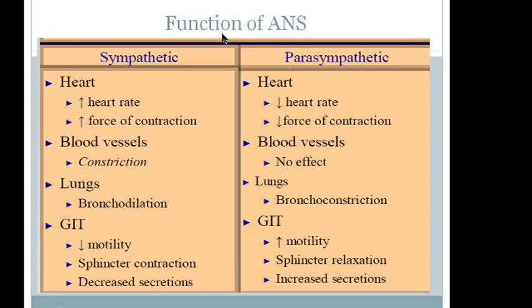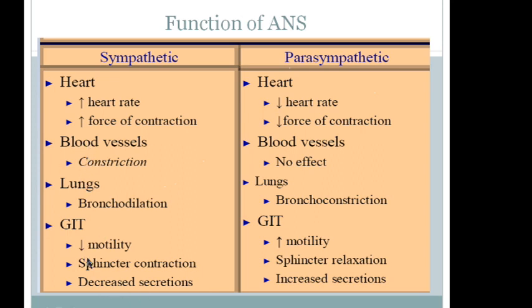Why I put this slide over here: this is the function of the autonomic nervous system, sympathetic and parasympathetic. What is the role of the sympathetic nervous system in the GIT and what is the role of the parasympathetic nervous system in the GIT? You can summarize over here.